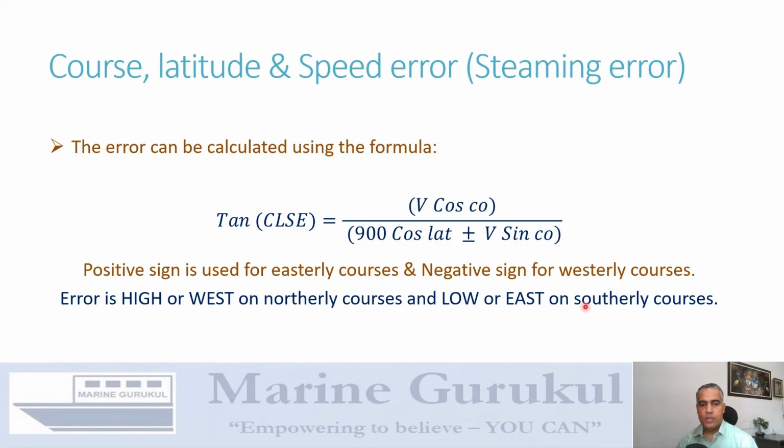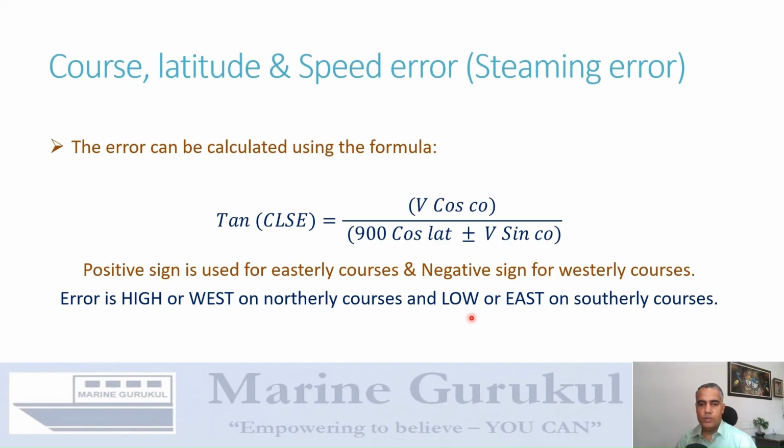Whenever the vessel is moving on a southerly component course, that is a southeasterly course or a southwesterly course, the error is going to be east or low. Again, east and low are interchangeable. We can confirm it from the idiom error east, compass least. So in case of a southerly component course, the error is going to be easterly or low.